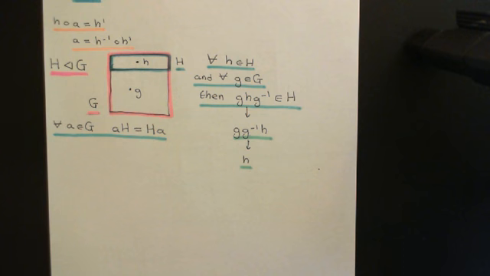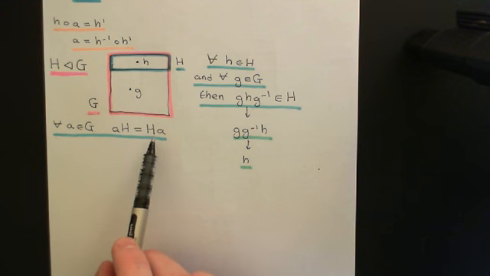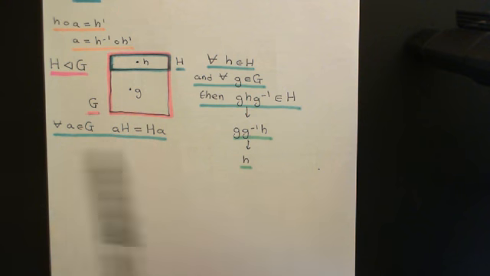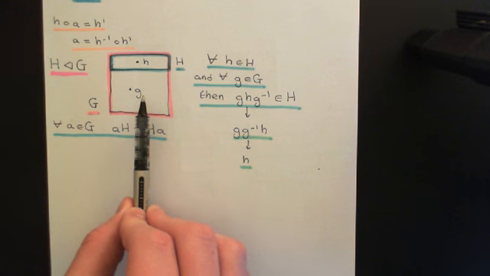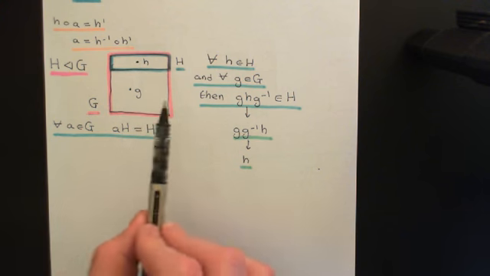So what I need to show is that all of the elements in this left coset of H under a are in the right coset of H under a, and then I need to show that all of the elements of the right coset of H under a, this set here, are in there. So I need to go both ways around. I need to take an arbitrary element in here and prove that it's in here, but all that proves is that this contains this. So I then need to go backwards.